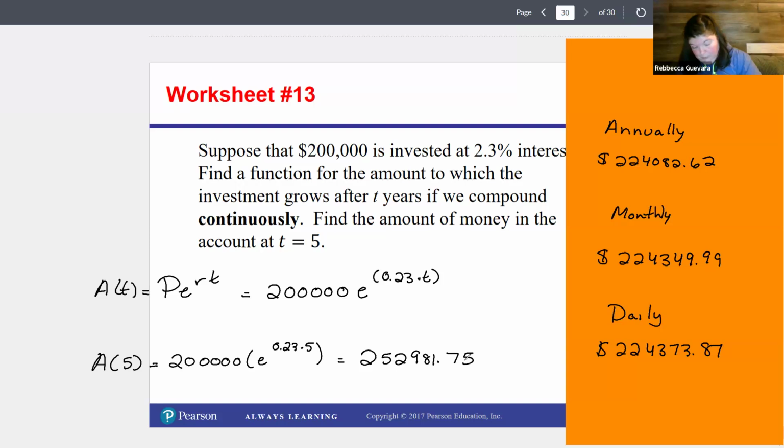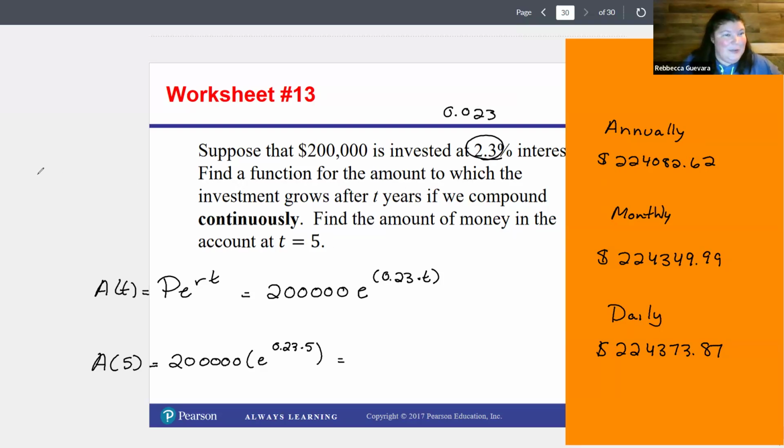Oops. I'm going to go back and do that. It accidentally did not do what I was telling it to do. I thought that seemed like a little too much money. Okay, I see my mistake here. It's 0.023 as a decimal.